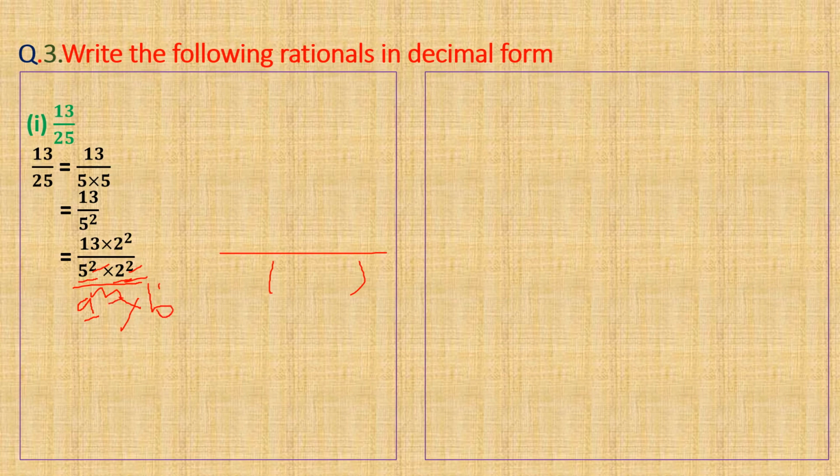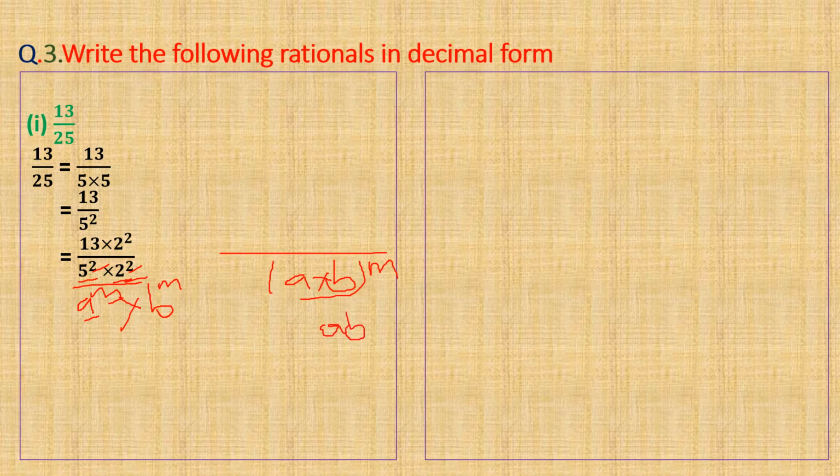So I can write ab whole power m, a into b whole power m. Children, you should be perfect with the exponent formulas, a power m into a power n, all those formulas. So here I can write ab whole power m, or a into b whole power m.